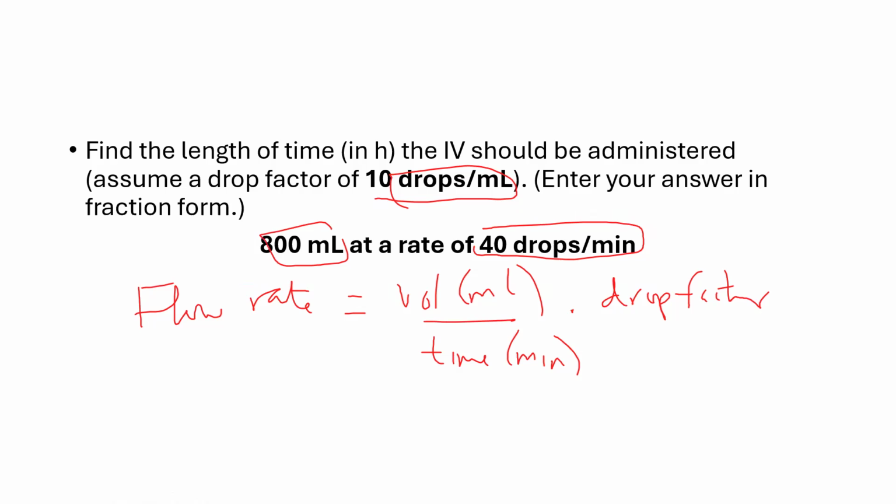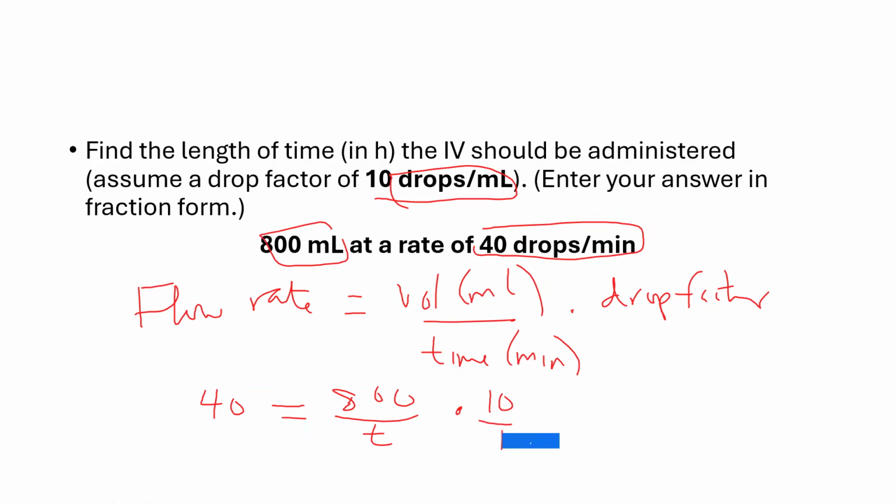So the flow rate is 40 drops per minute, which equals the volume in ml, 800, divided by the time, that's what I'm trying to find, times a drop factor of 10, or 10 over 1.